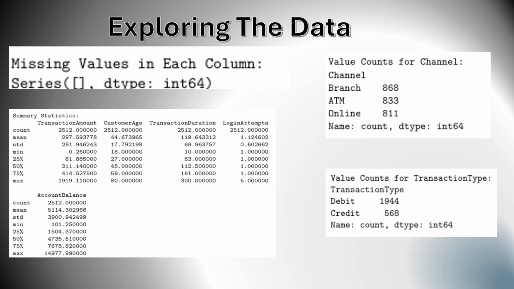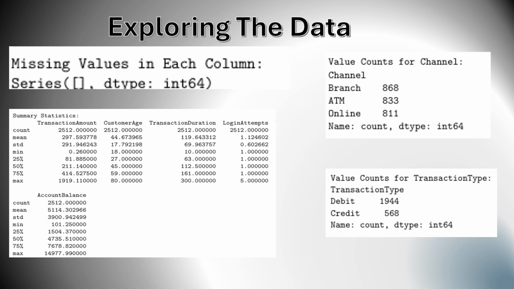We start our analysis by exploring the data. First, we check for missing columns. This dataset has had some pre-processing, and so there are no missing data rows. Then we get some summary statistics.